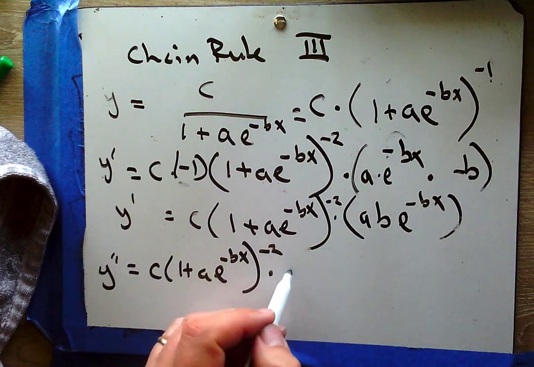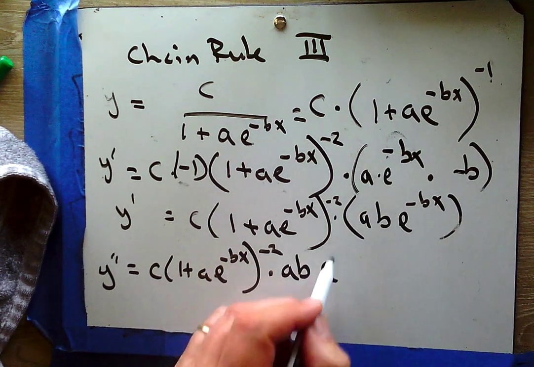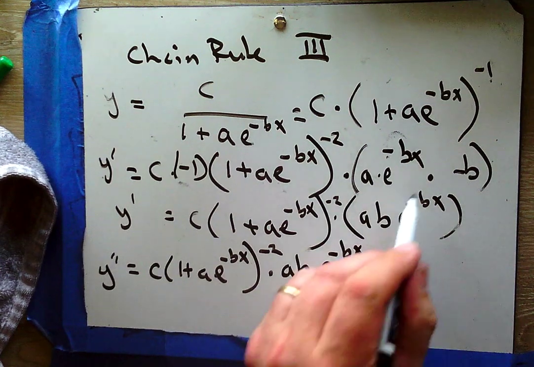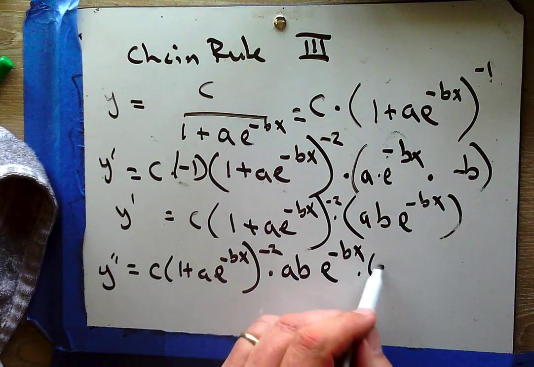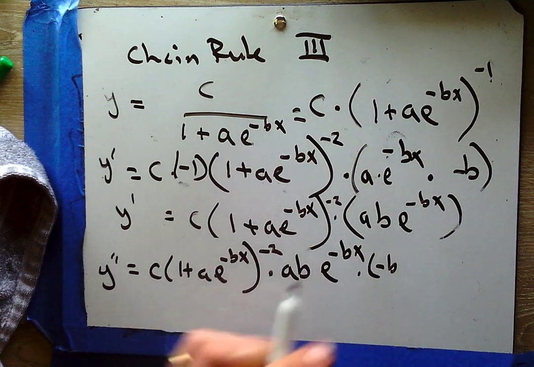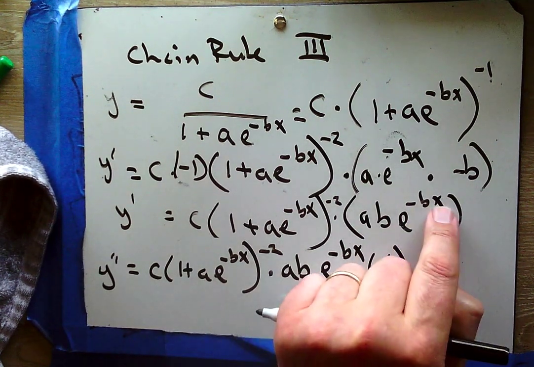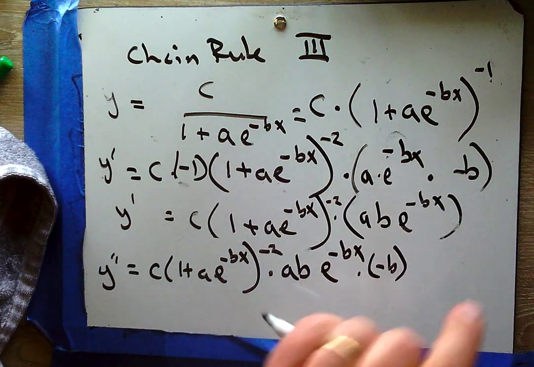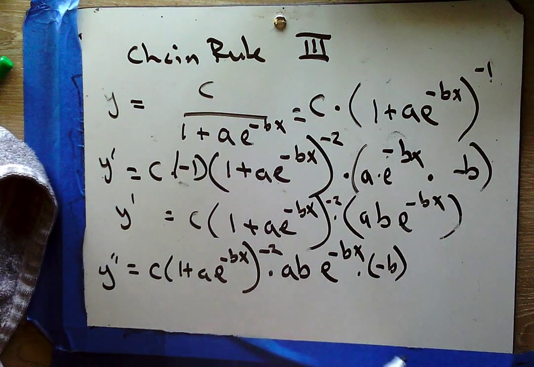These are just constants, so they're going to be there as well. But I need the derivative of that stuff, and I get negative b. Yes. Think about this as being e to the 2x. The derivative would be e to the 2x times 2. All right, are we done?